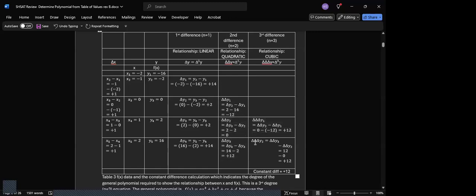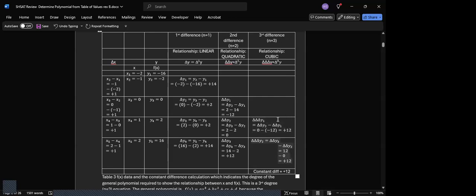So now we take the differences of these, and we get delta y2 minus delta y1, we get positive 12, and delta y3 minus delta y2, we get a positive 12. And then that's it. So for this column, we actually did end up getting the same numerical value for all the differences in the column, and that's what's called a constant difference.